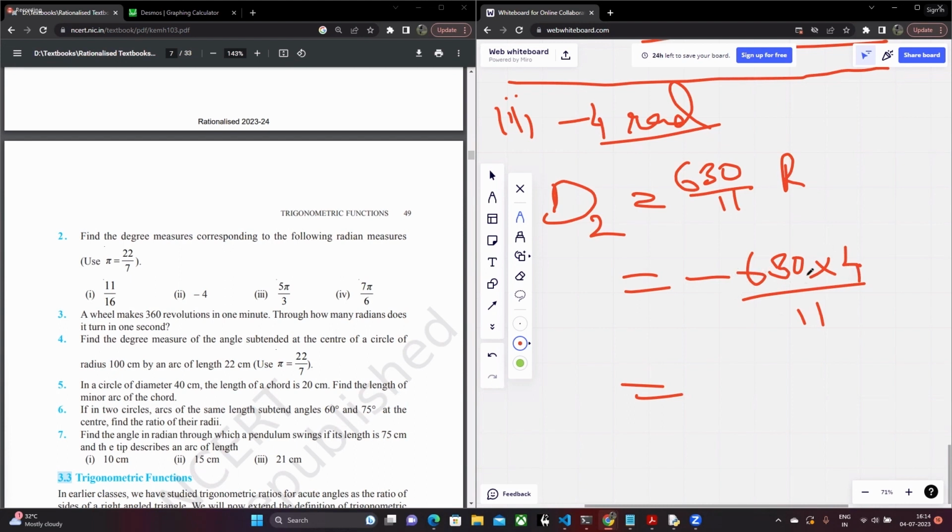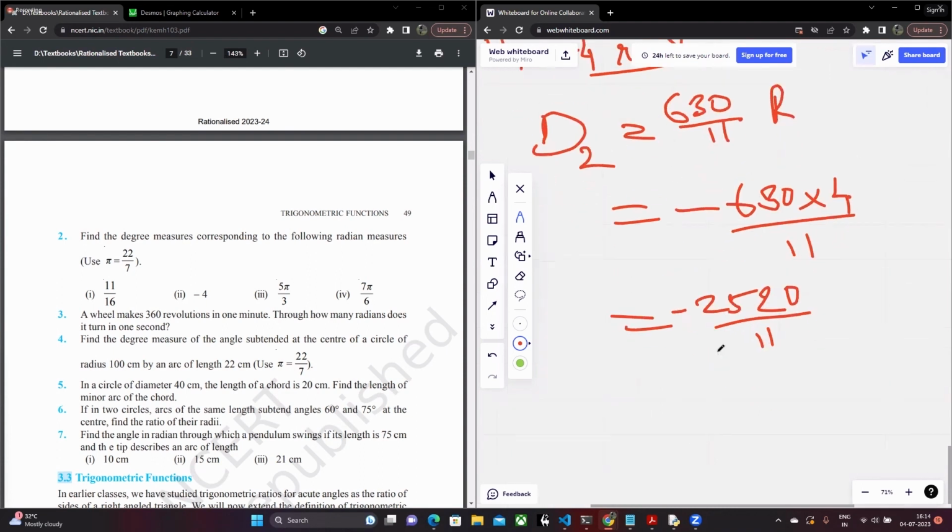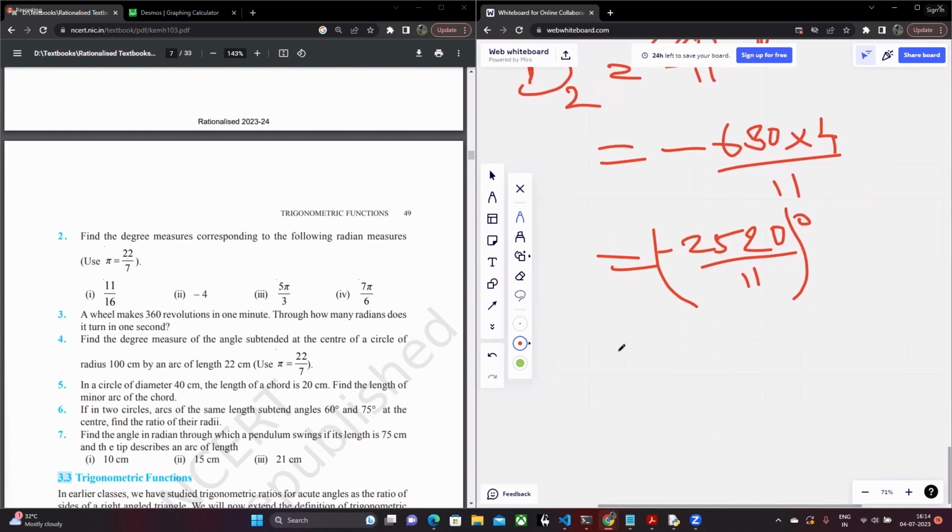4 6s are 24, and this is 120. So this is 2400 and 120. That becomes 2520 divided by 11. Not to forget the minus sign, right? And this is degrees. So basically, I'll write this as minus, this goes 2 times, and again, you have 20.